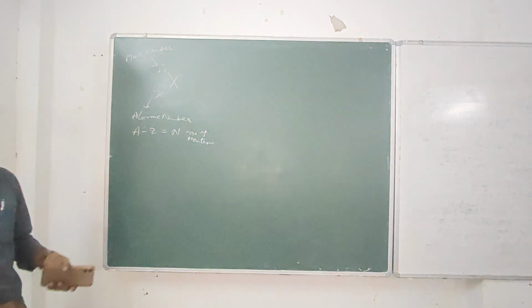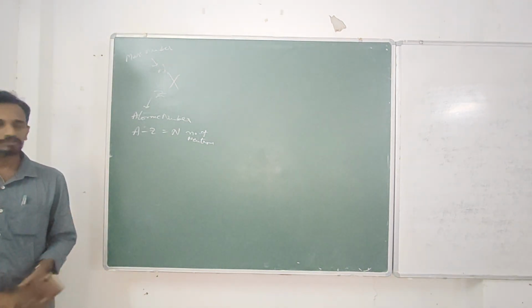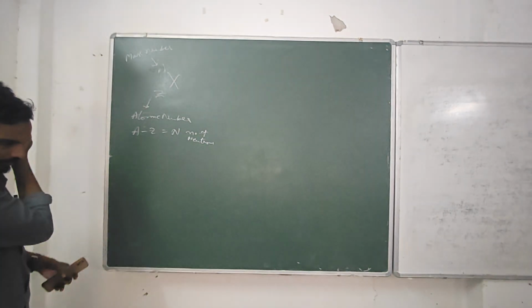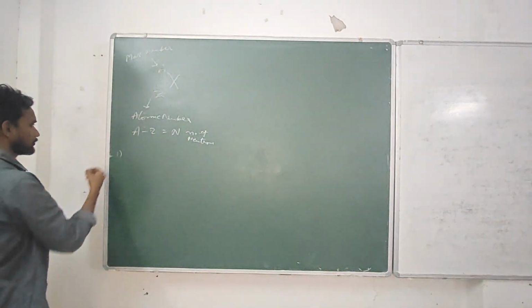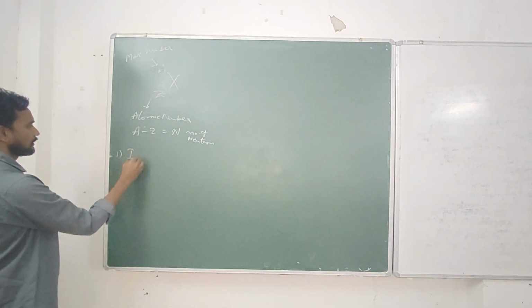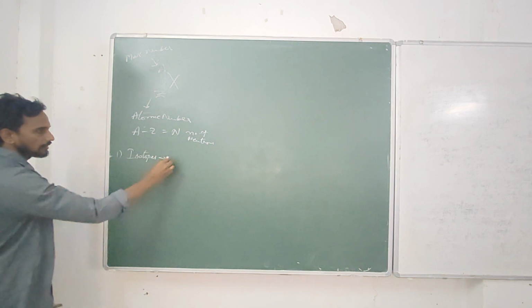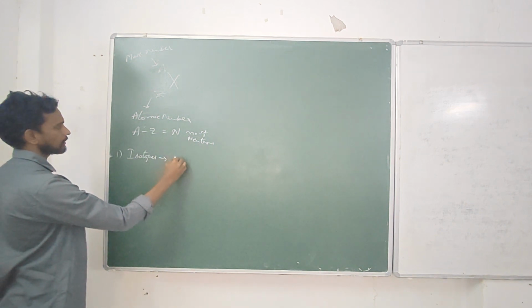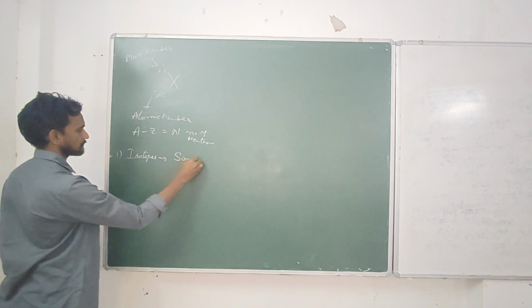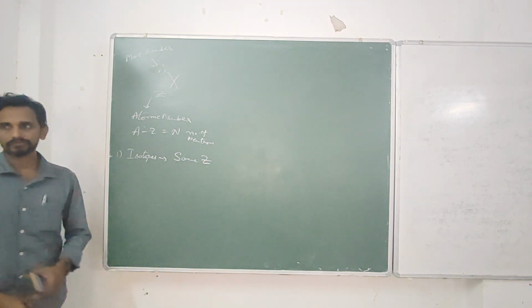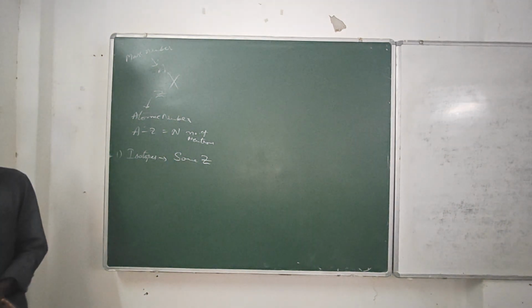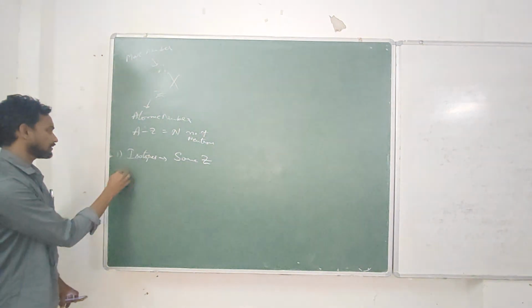And X is the element. So based on this, the elements are classified into three categories. One is isotopes, with equal atomic number. Same atomic number are called isotopes. The second one is isobars.